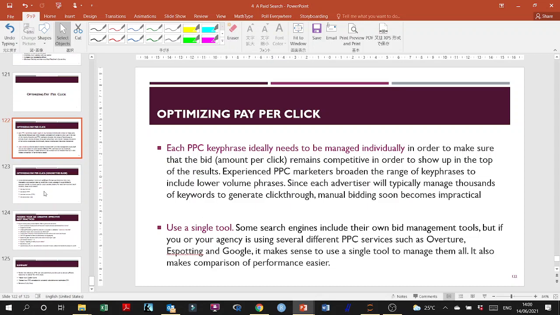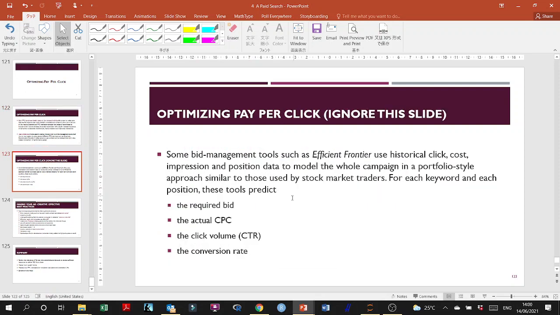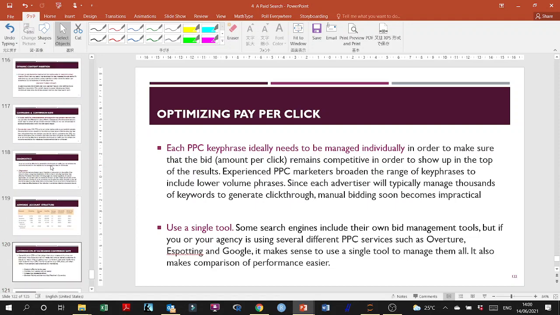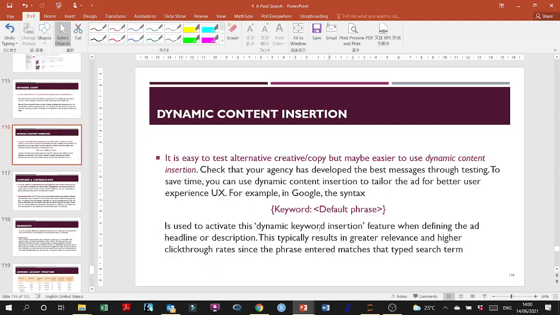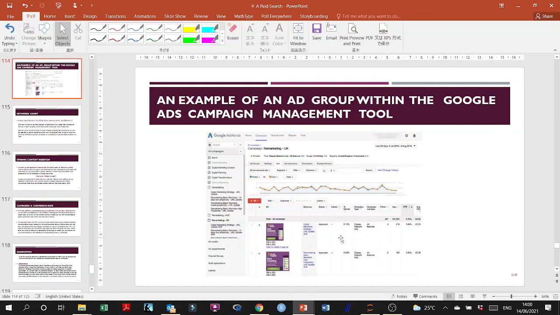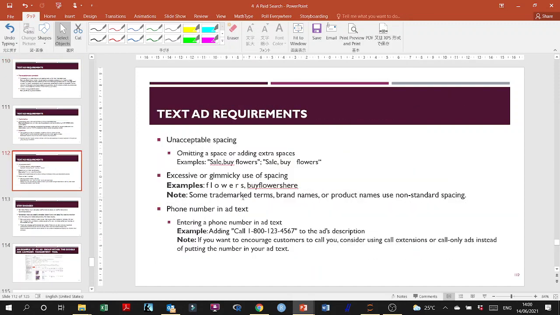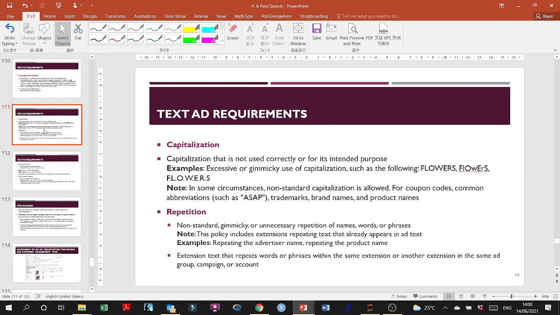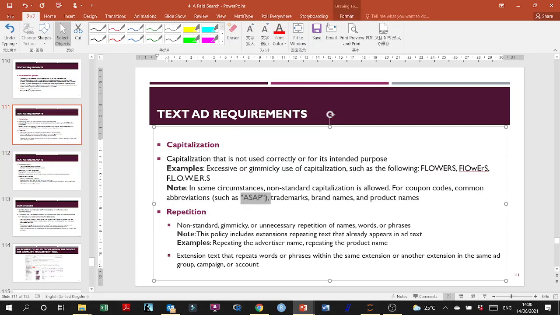I'm not going to give you any more details here. The optimization, we've already talked about it over here. Optimizing by adding the dynamic content insertion, optimizing by not using unnecessary spacing or unnecessary symbols, or abbreviations and common codes; even though they are allowed, try to avoid them.